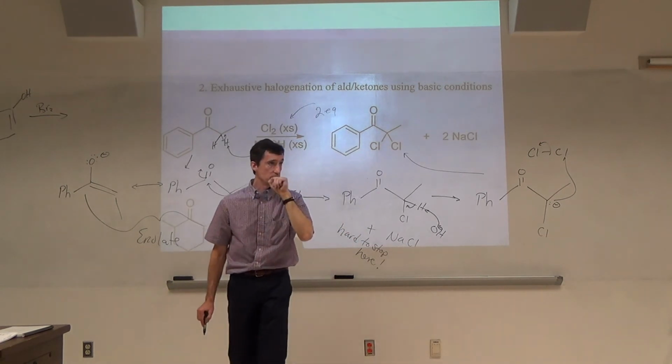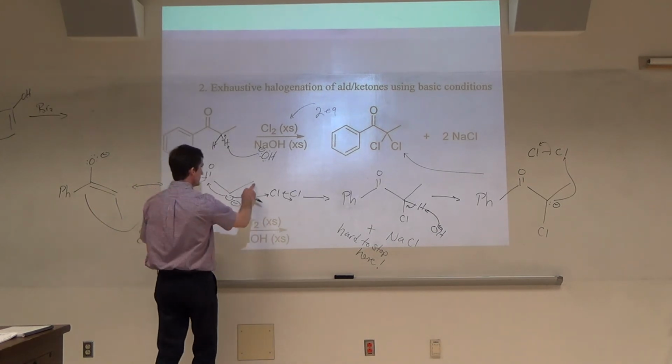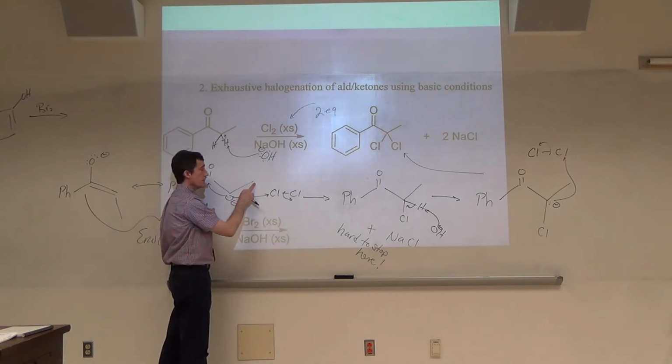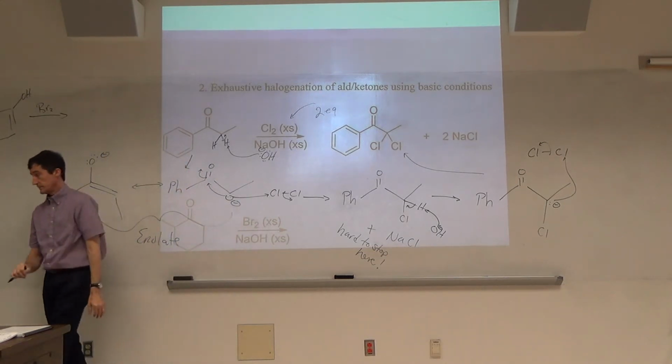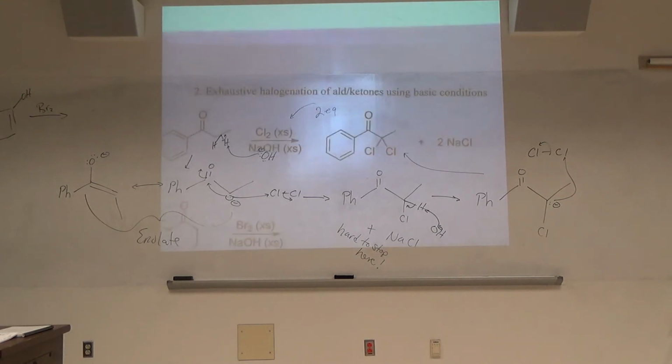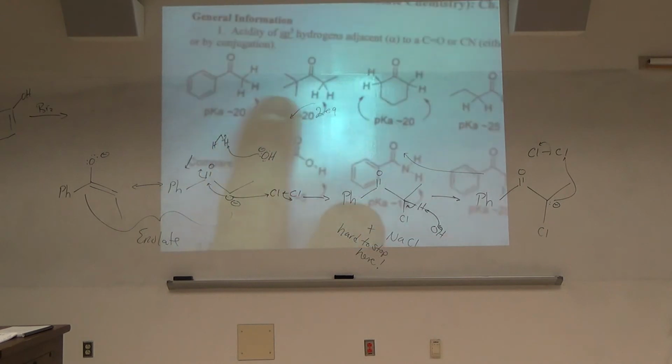Mark? Can you use the beta hydrogens? You mean here? Yeah. Well, those aren't acidic, because they're not near the carbonyl. So the anion would not be resonance stabilized. Why are all these acidic?